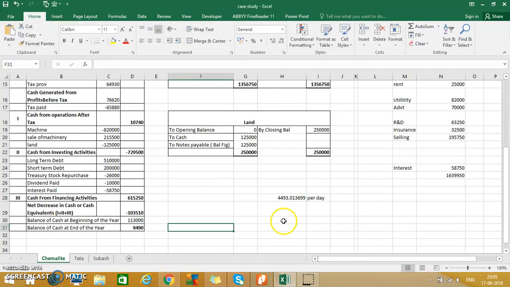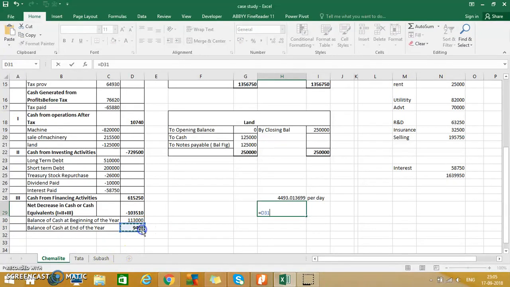It has 9,490. Dividing 9,490 by the money needed per day, I will be able to survive for only 2.1 days with the amount I have got. I can survive only for 2 days with the kind of expenses I have.